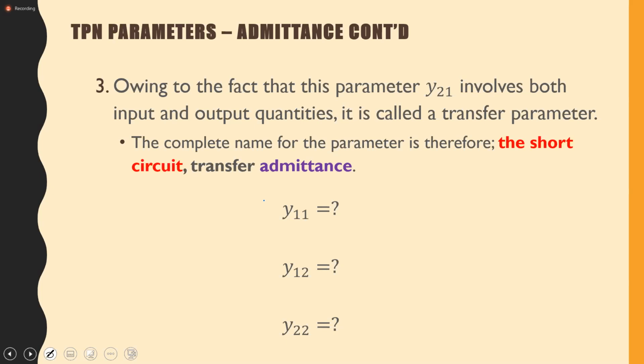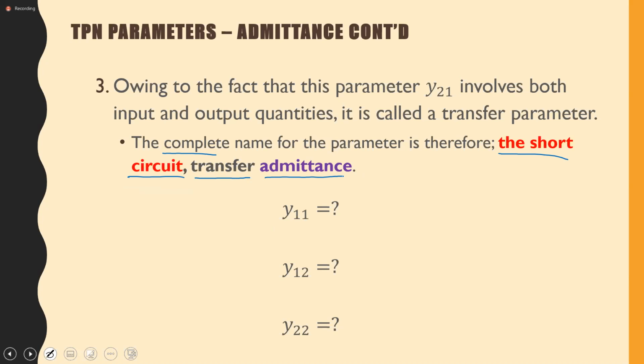So the fact that I am combining input and output, the term transfer comes into play. So the complete name for that parameter is the short circuit, because remember I had to short circuit a port in order to get it. Transfer, because it involves both input and output quantities. And admittance, because it is current over voltage.